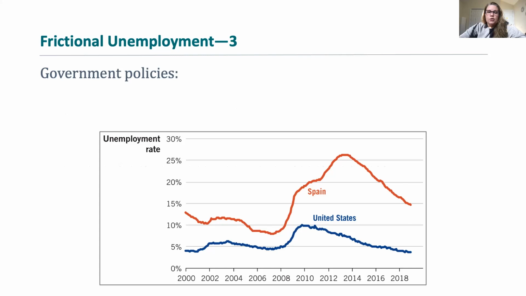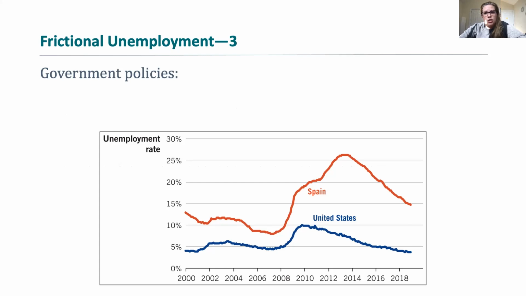During the early 2010s, Spain had a much more progressive policy around providing unemployment benefits and assistance to those who were currently unemployed and seeking jobs. And so what we see is that their unemployment rate actually remained higher for a longer period of time than a similarly developed economy in the US.